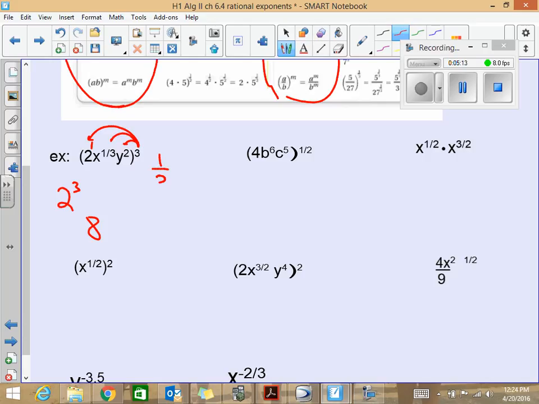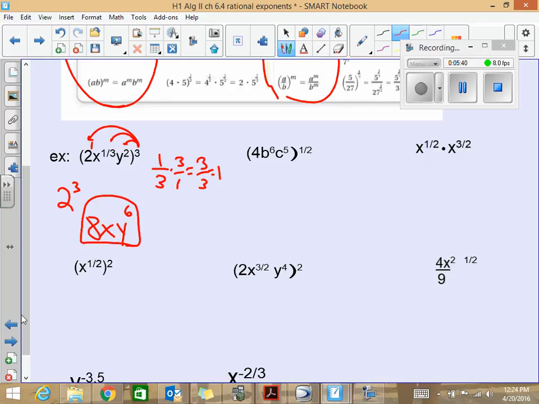We're basically multiplying exponents. Remember, when you're multiplying fractions, you don't need a common denominator. You just multiply top, multiply bottom. So 1/3 times 3 becomes 3/3, which becomes 1. So it becomes x. And then y to the second, taken to the 3rd power, we multiply, and we get y to the 6.